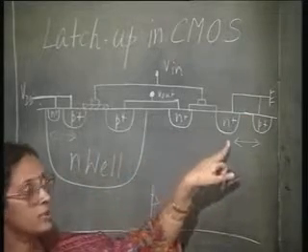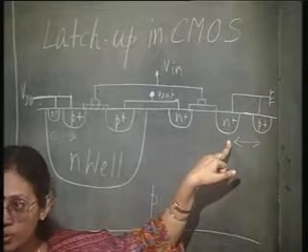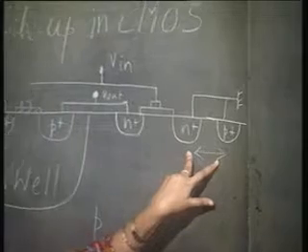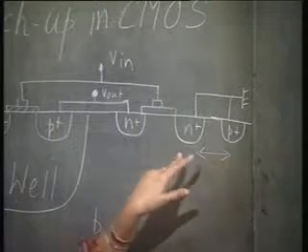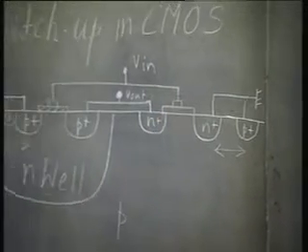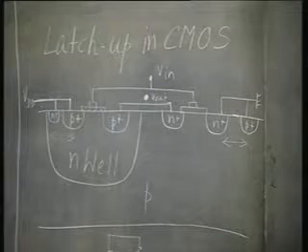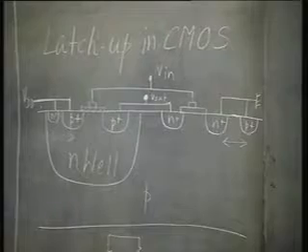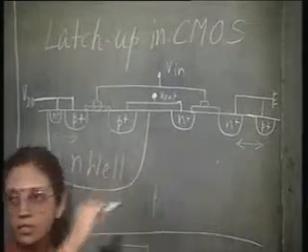So, this point is at a greater potential, higher potential. So, there is a possibility if this voltage drop is sufficiently high, that is if the substrate doping concentration is sufficiently low, then there is a possibility that this p-n junction can again get forward biased, right. Then what happens? Again this one starts injecting holes, sorry, again this one starts injecting electrons.